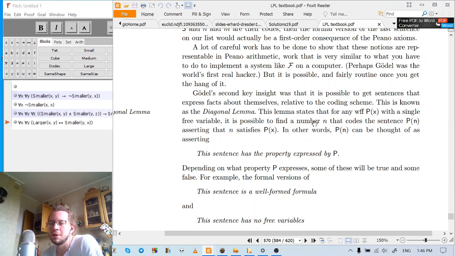So, in other words, P of N can be thought of as asserting that this sentence has the property expressed by P. This lemma states that we are positively able to find a number.